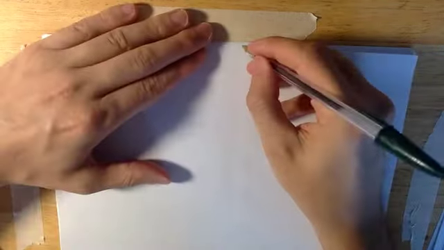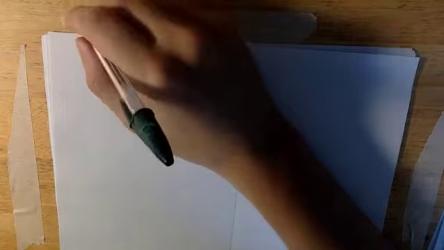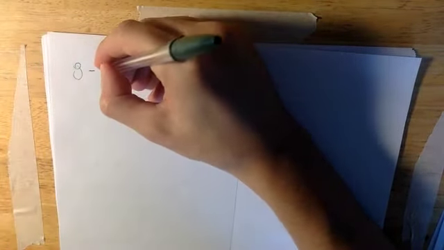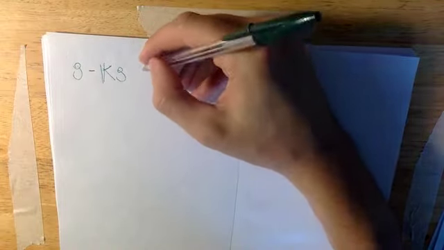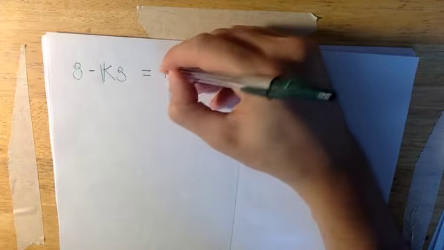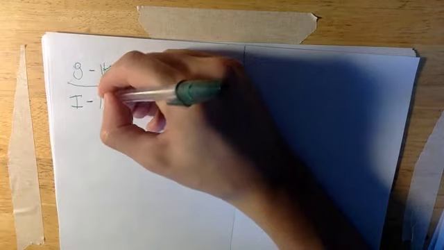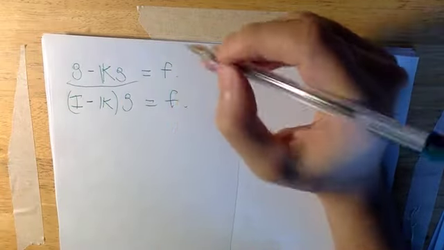So in this case, we can write this as G minus the operator K applied to G is equal to F. But this is just the identity minus the operator K applied to G is equal to F.